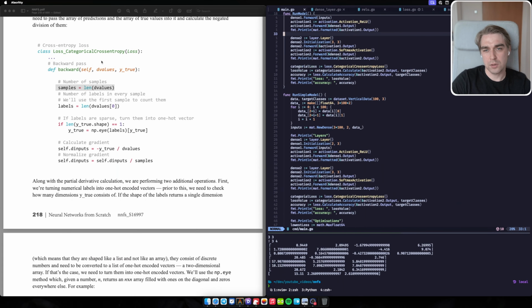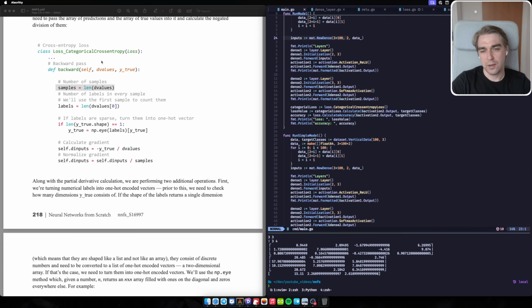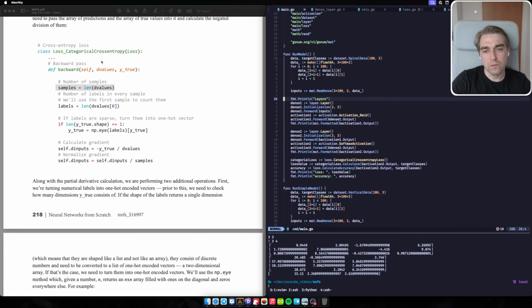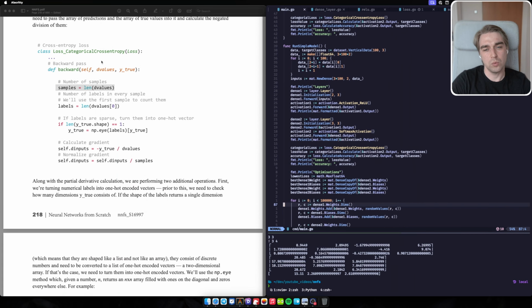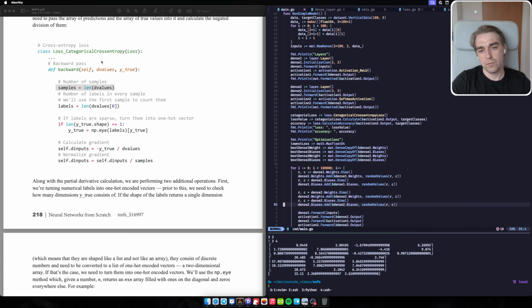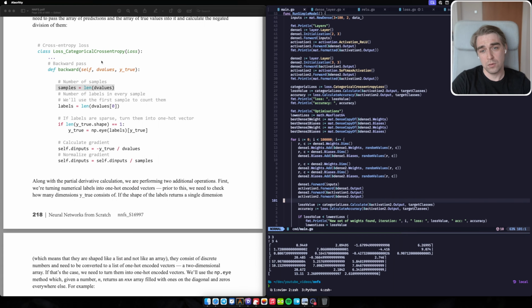For example, in this case, we have 3 classes, 100 samples, 100 for each class. And the d values on cross and categorical cross entropy loss, we will take the d values from the result, right?